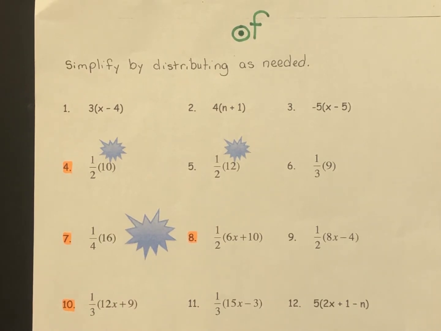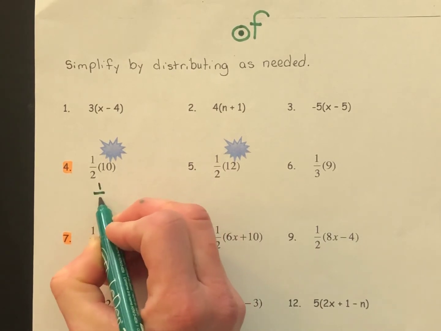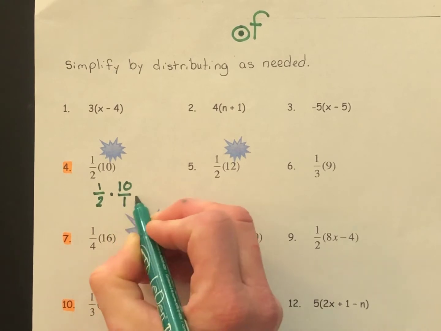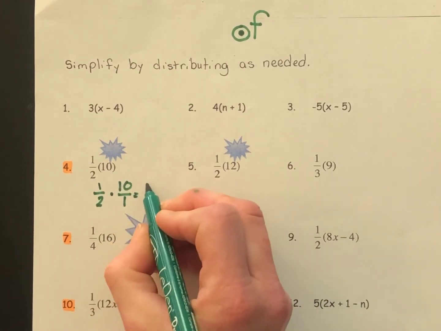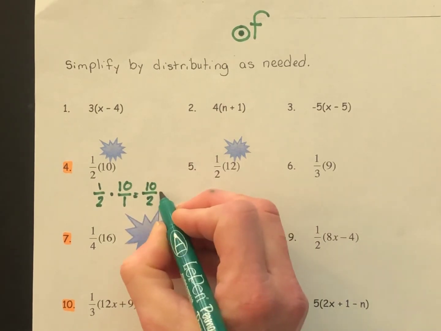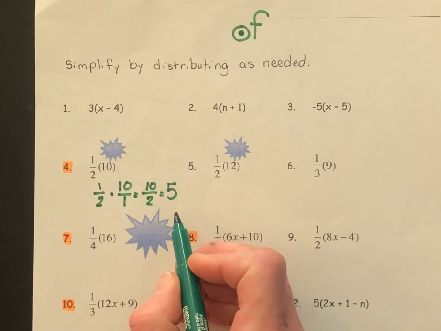Because you know in your head, what's 1/2 of 10? 5. So if you want to multiply it out, you can do 1/2 times 10 over 1 equals 10 over 2 equals 5. You get 5.